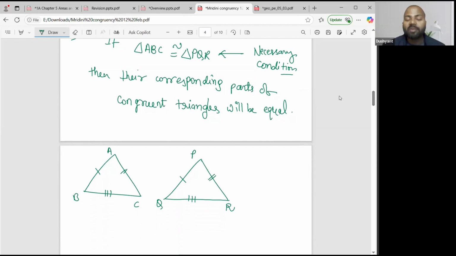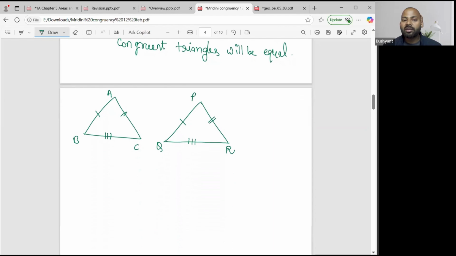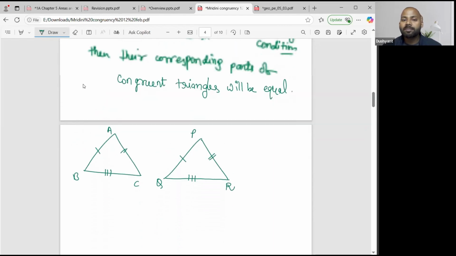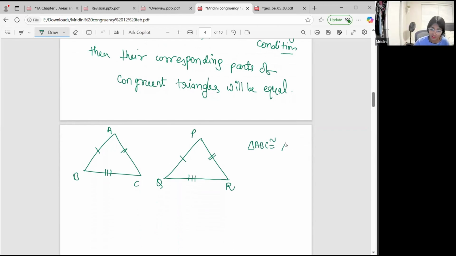Have a look. Two triangles ABC and PQR are congruent by the SSS rule, right? It is given that triangle ABC is congruent to triangle PQR.